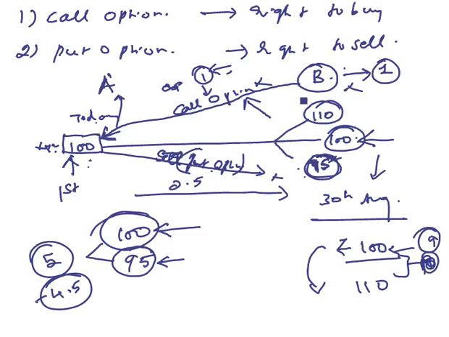Let's say B has spent 1 rupee on the option, so he will be incurring a loss of 1, as the contract matures. And A will be incurring a loss of 0.5. So this is all about the call option and the put option.